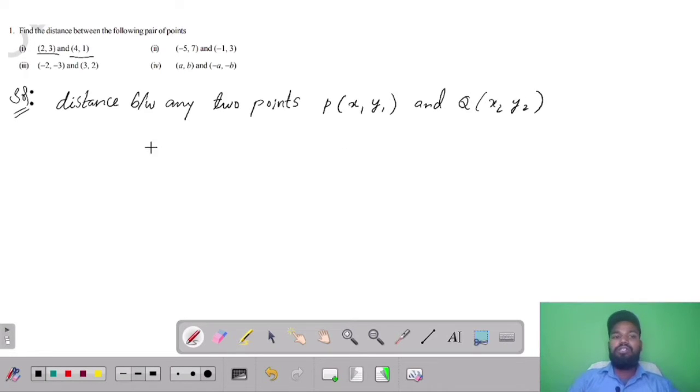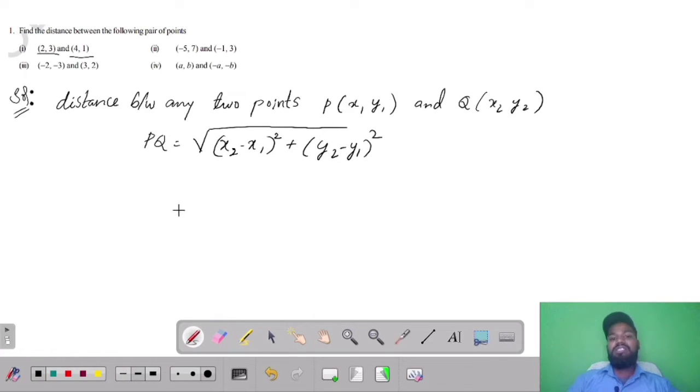So what is the distance between P and Q? PQ equals under root of x2 minus x1 whole square plus y2 minus y1 whole square. This is the distance formula, right? You should remember this formula for the entire exercise, because all the problems are based on this formula only.